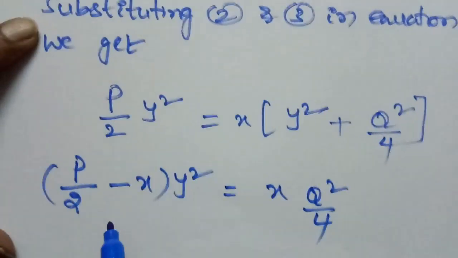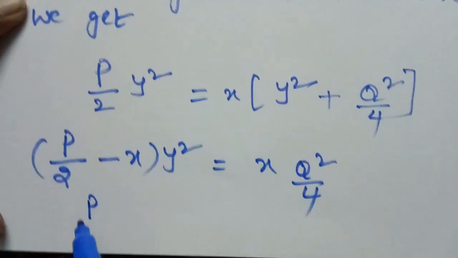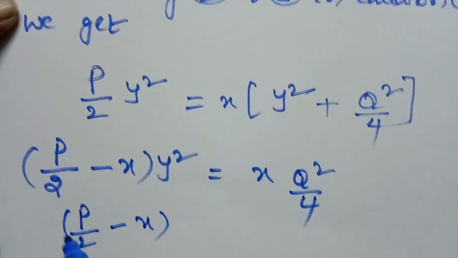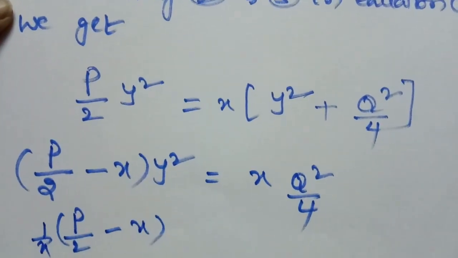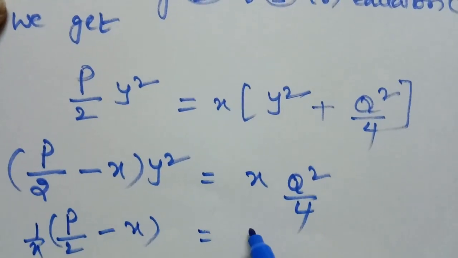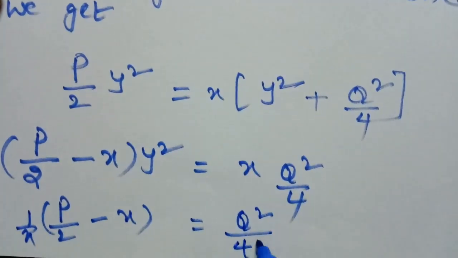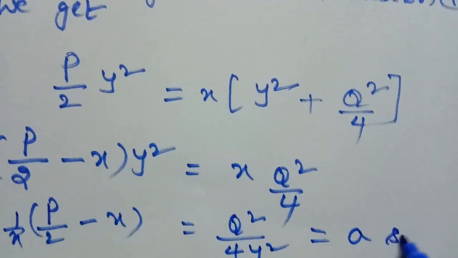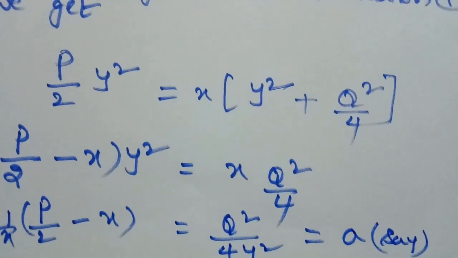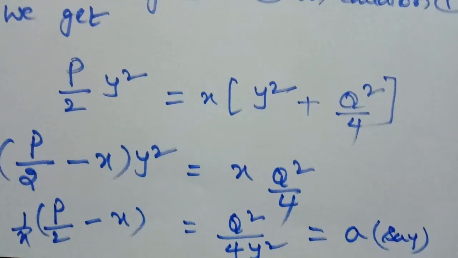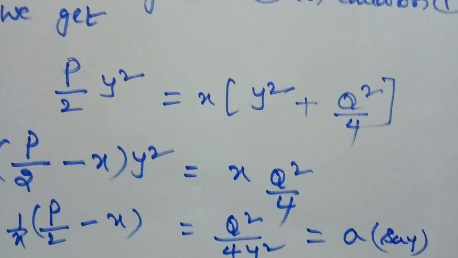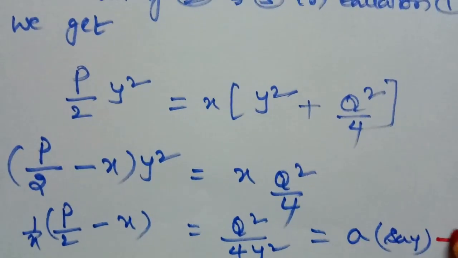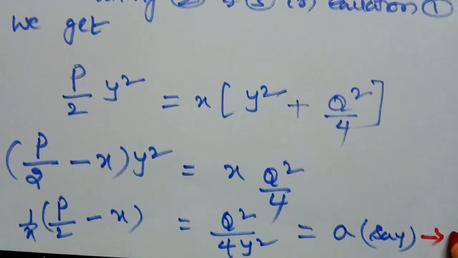Again this can be written as P by 2 minus x into 1 by x is equal to Q square by 4y square, each is equal to a. Say this is equation number 4.